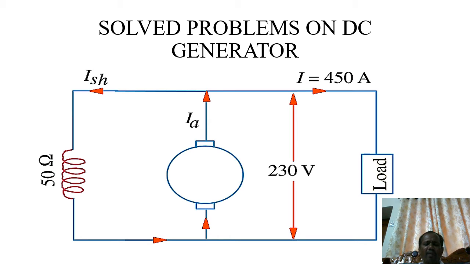The armature is carrying 454.6 ampere. Due to fewer turns and less resistance, the armature carries very high current as compared to the shunt field current. Are you getting this point? The shunt field has more turns and high resistance, so its current is very small as compared to the armature current.